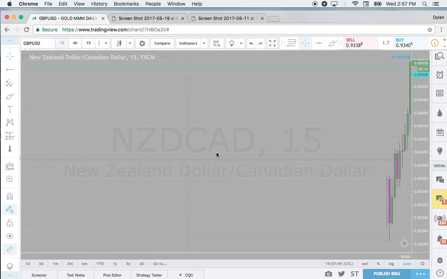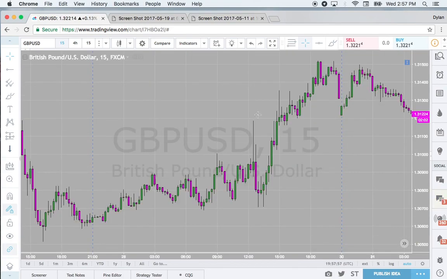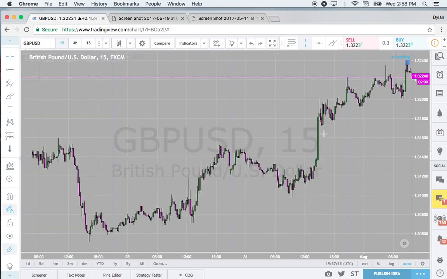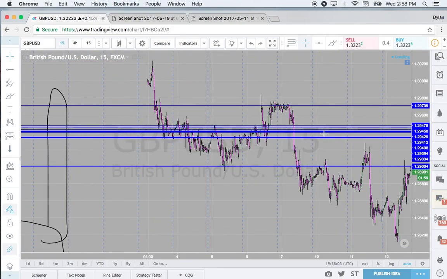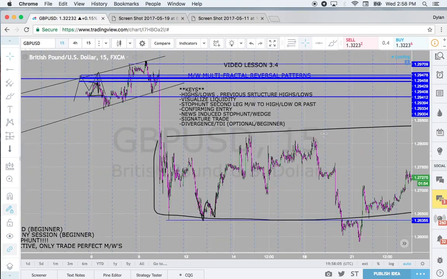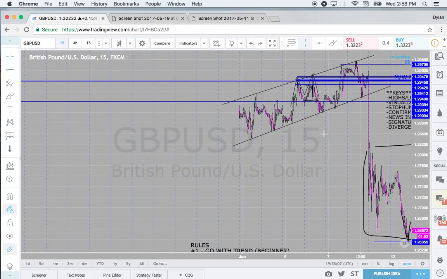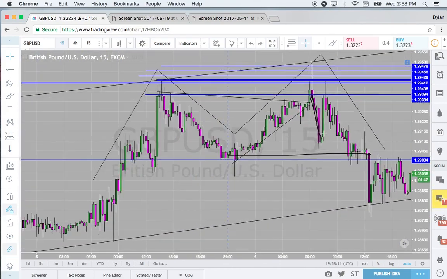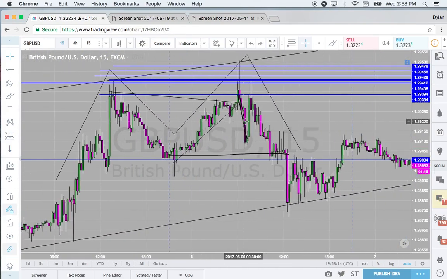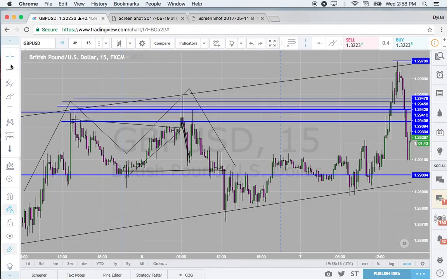Once price closes below either of those two highs, you will be able to take that as a confirmation to go short. I'm sorry about that confusion right there.